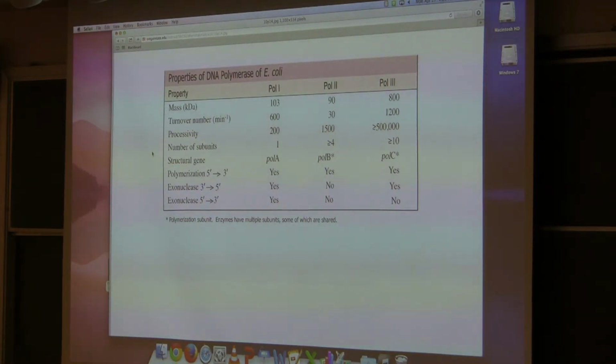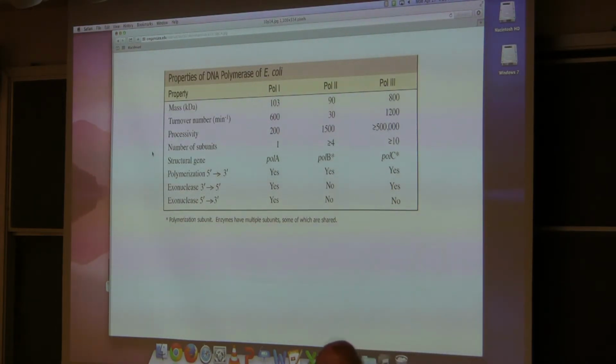Only DNA polymerase I is able to start at the 5' end of a nucleic acid and start chewing away nucleotides. Can anybody think of a reason why polymerase I might have that activity and polymerase III might not? What does polymerase I work on that polymerase III does not work on? The lagging strand. And what is on the lagging strand? RNA.